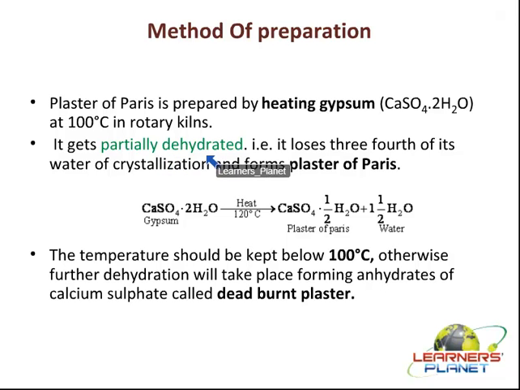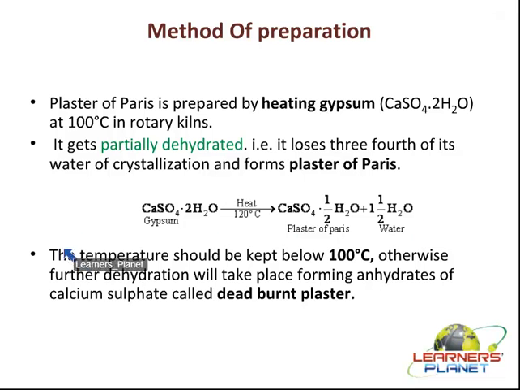This is partially dehydrated. That is, it loses 3/4 of its water of crystallization and forms plaster of Paris. Right? Here, CaSO4 2H2O is heated to 100 to 120 degrees temperature. We are getting plaster of Paris and 1.5 molecules of water.